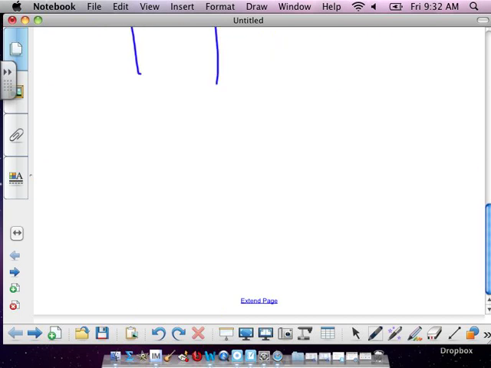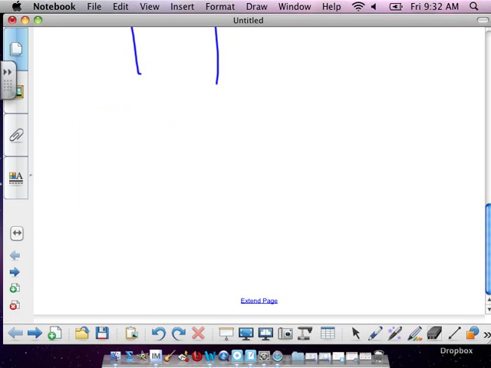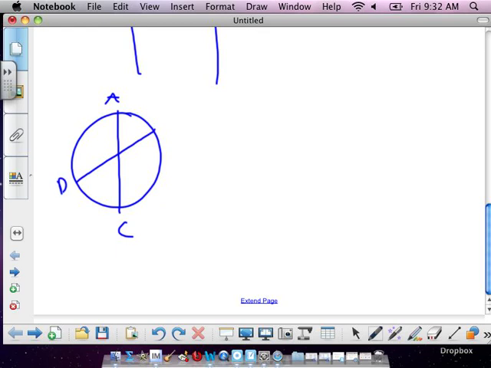We've got a lovely shape like this. We've got A, B, C, D, except I'm going to redraw this. Okay, we've got a circle. We've got A, C, and then D, B. And it says this is 2x and this is 6x.